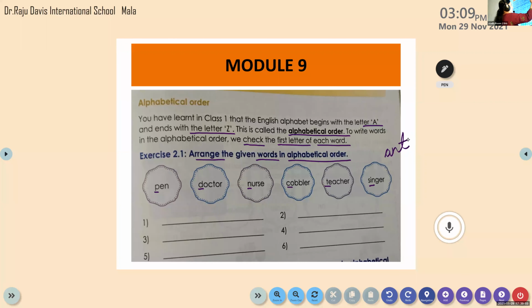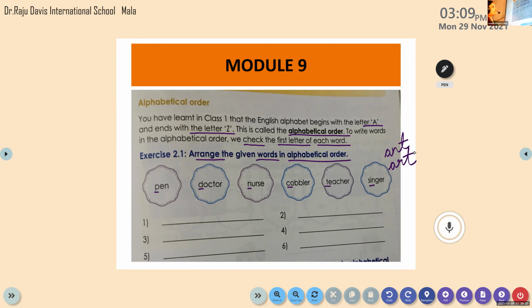If we have 2 words, ant, A-N-T, and art, A-R-T, the first letter is the same. Then what should we do? Krishna Raj, unmute. Tell me, if we have the first letter of 2 words the same, then what should we do? We have to write in the one place too.